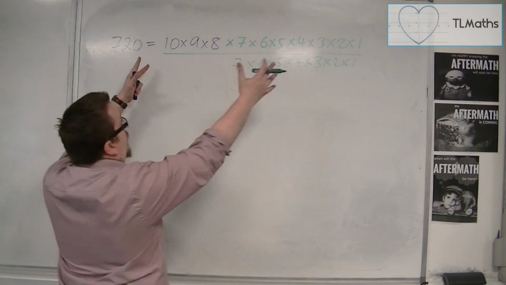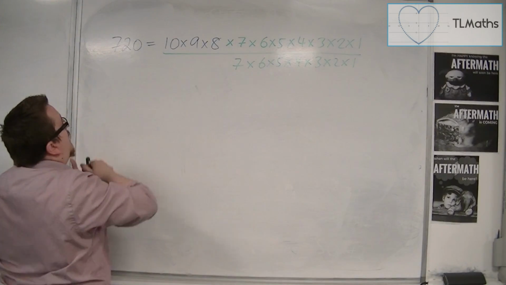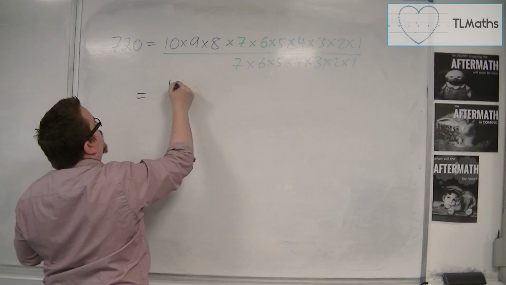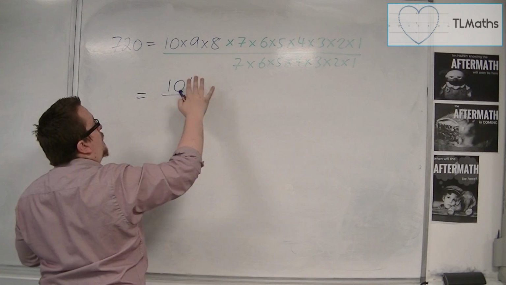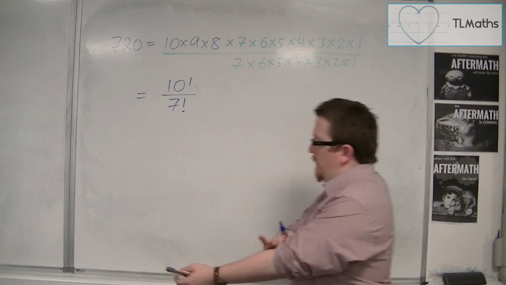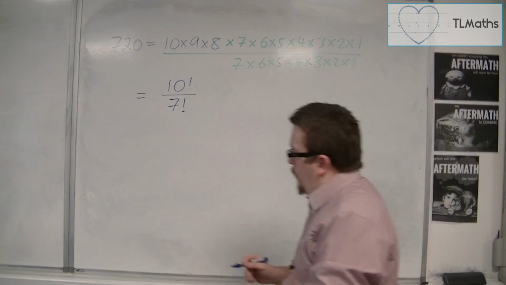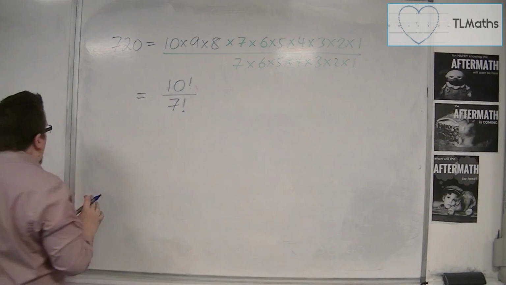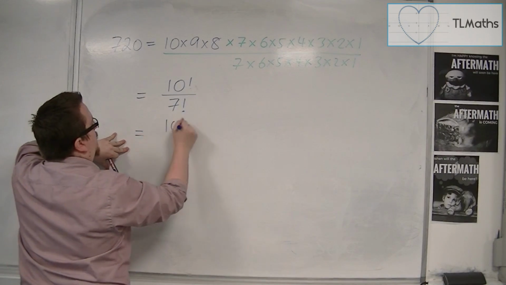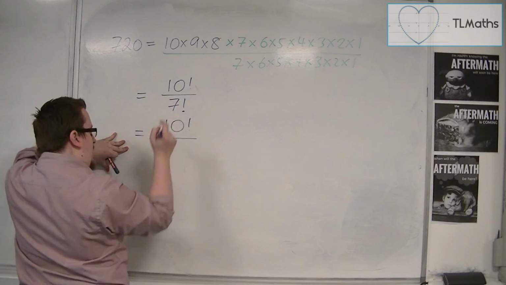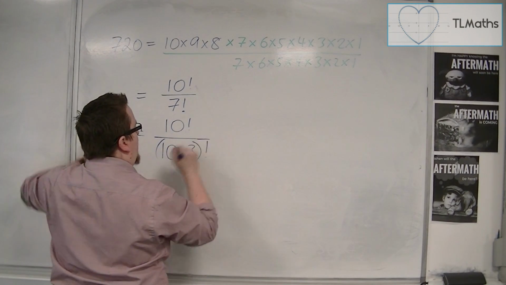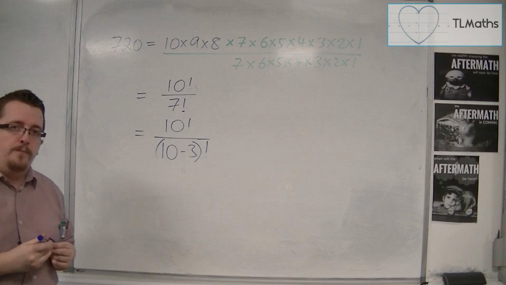But how I want to write this now is that I could write 720 as, on the numerator I've got 10 factorial, and in the denominator I have 7 factorial. And how we could write that is 10 factorial over, well, 7 is 10 take away 3, so we could write it as 10 take away 3 factorial.